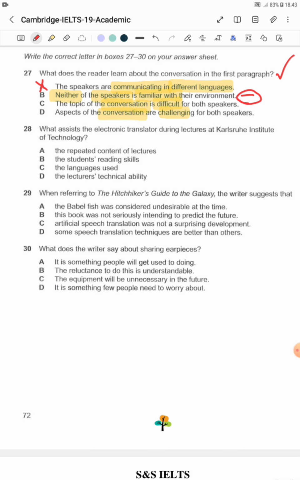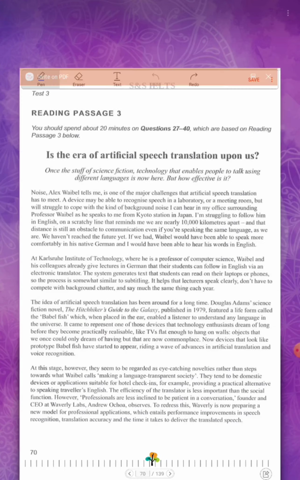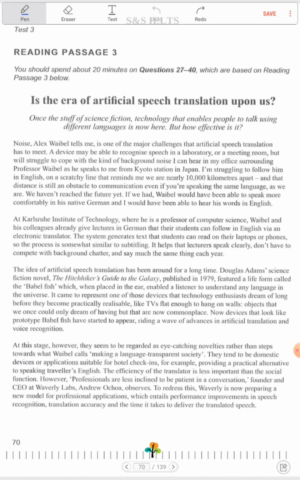Speakers are communicating in different languages. Okay, I have to find communicating in different languages in what we learn from the conversation in the first paragraph. As you can see in the first paragraph, the text explicitly states that the speaker is struggling, as you can see here, I am struggling.